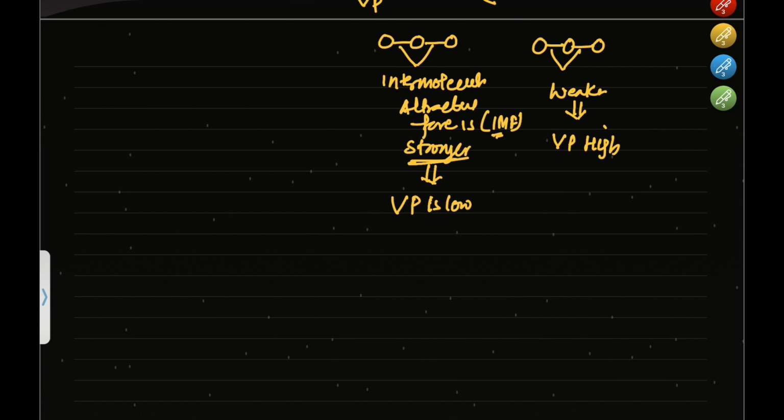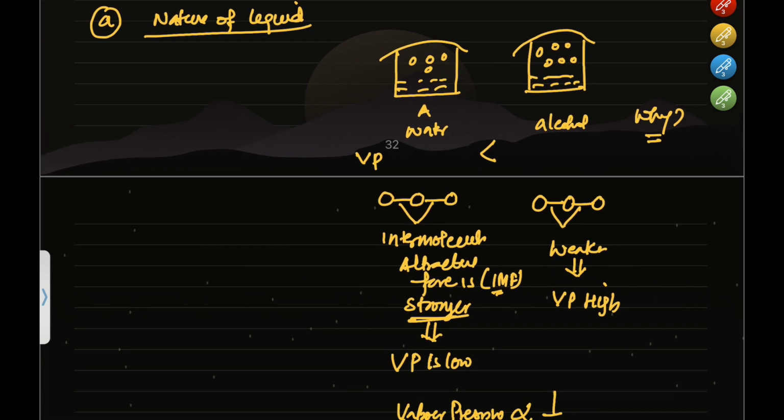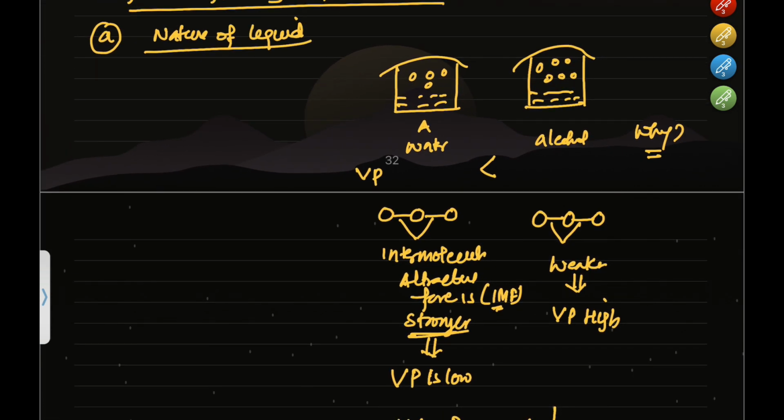So here we can conclude from our discussion: vapor pressure, VP in short, is inversely proportional to the intermolecular attractive force, IMF.